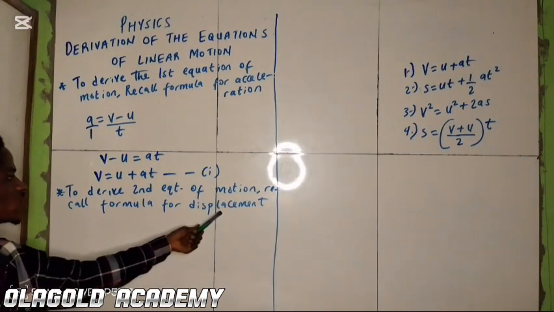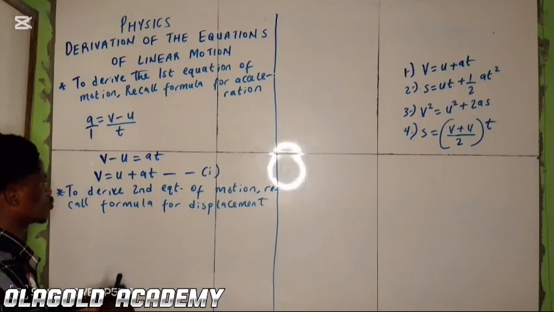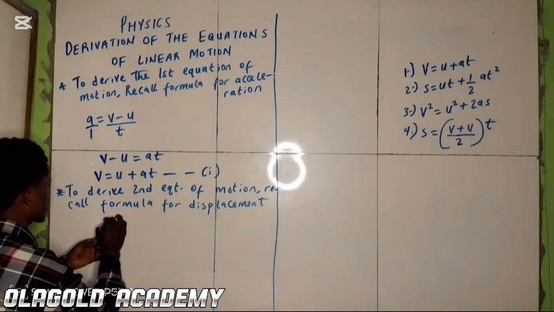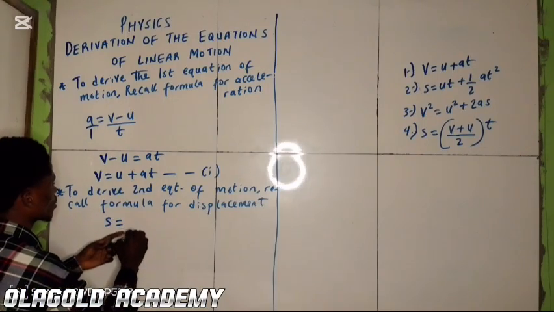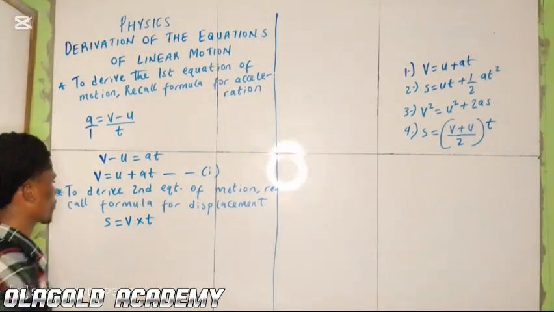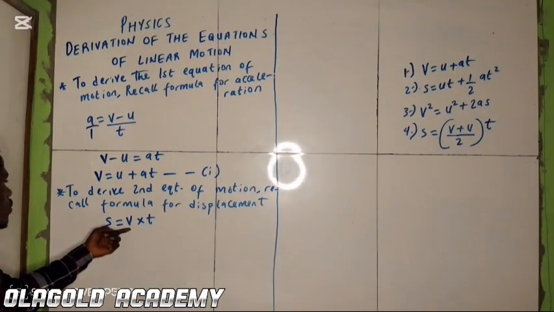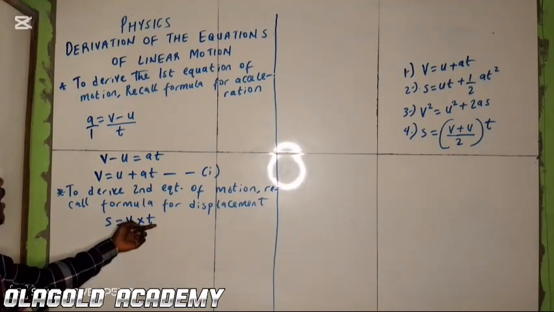Now, displacement is given by the formula S equals velocity times time. Displacement equals what? Velocity multiplied by time.